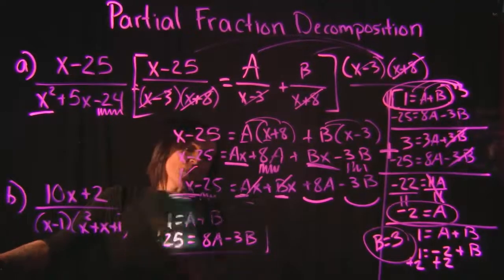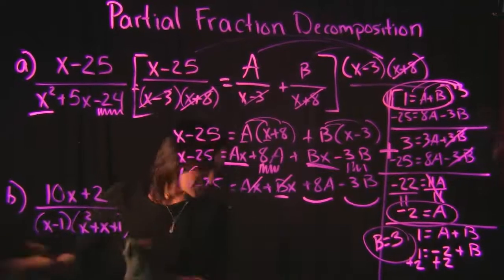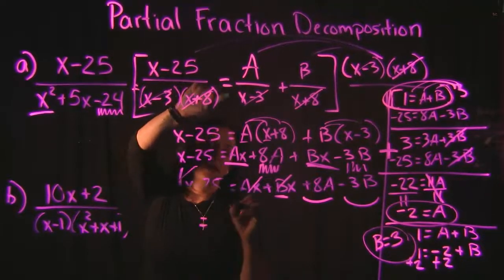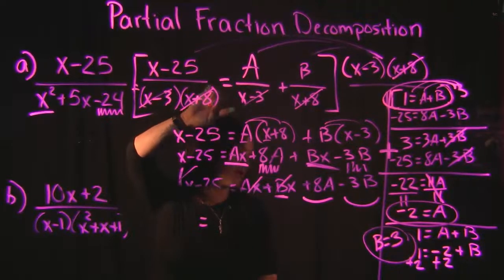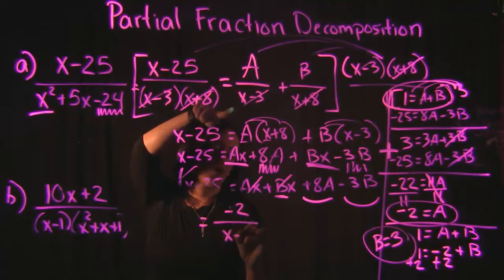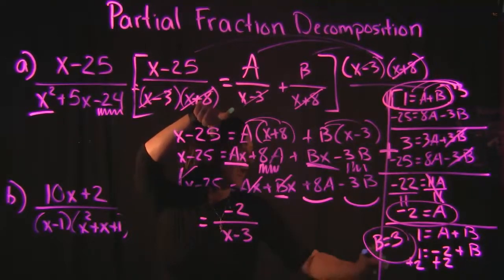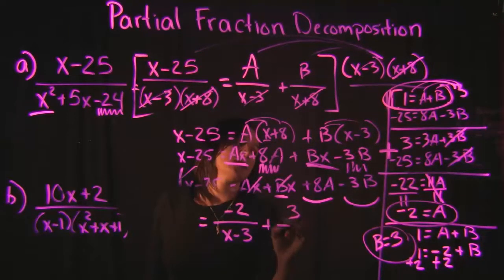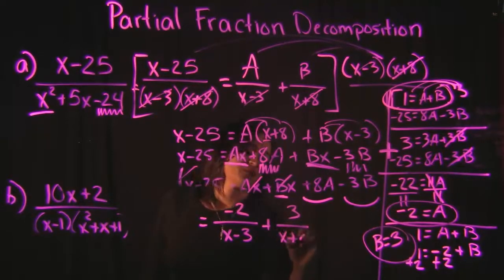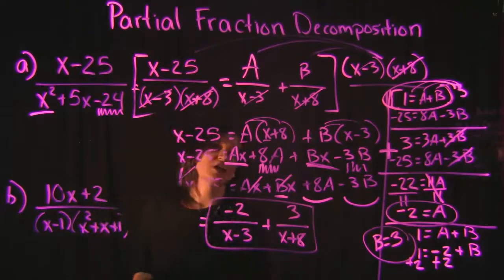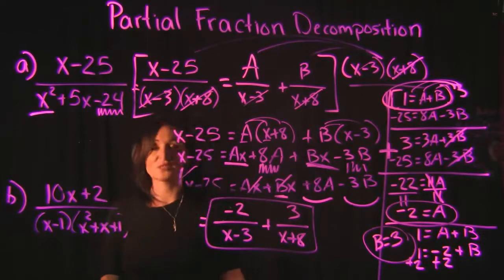It's going to look like our a over x minus 3, but now we know that a is negative 2, and we put that over x minus 3. And then plus our b, which is 3, over the x plus 8. So this is what the partial fraction decomposition looks like for this problem.